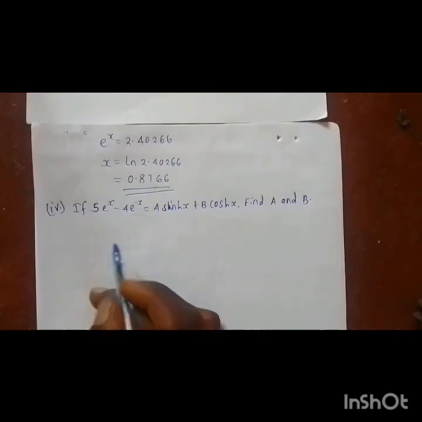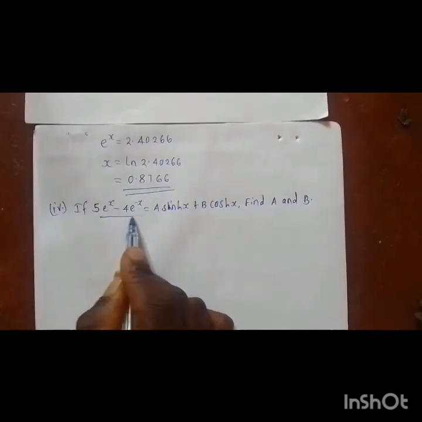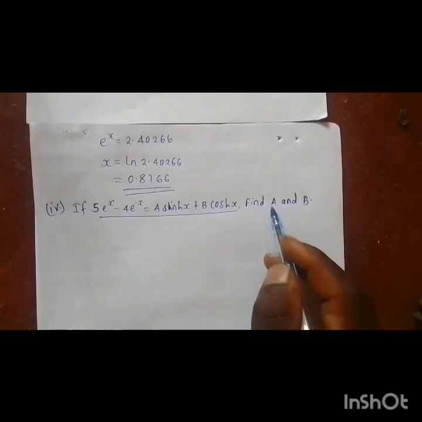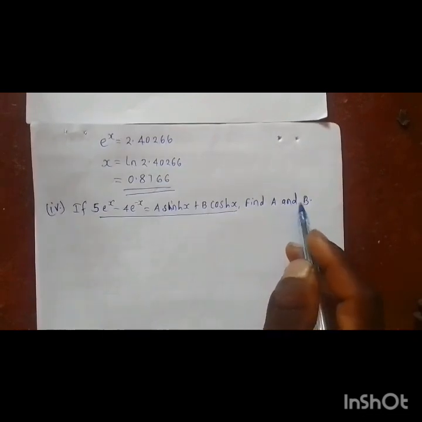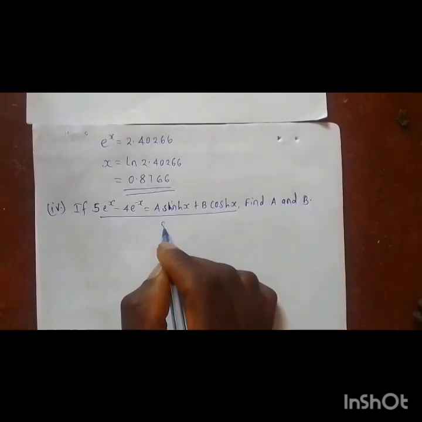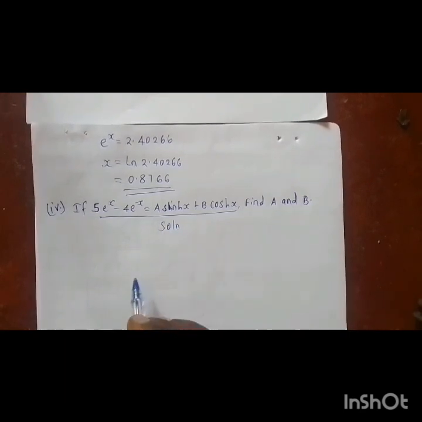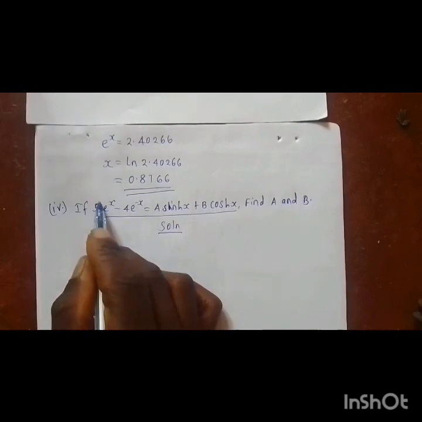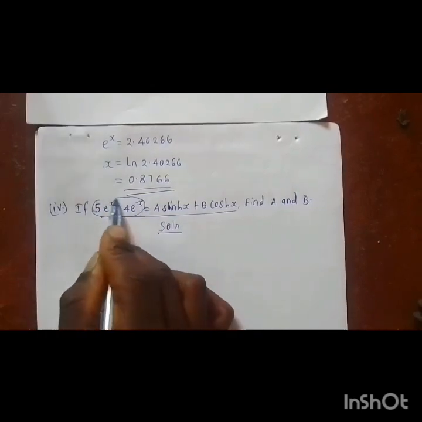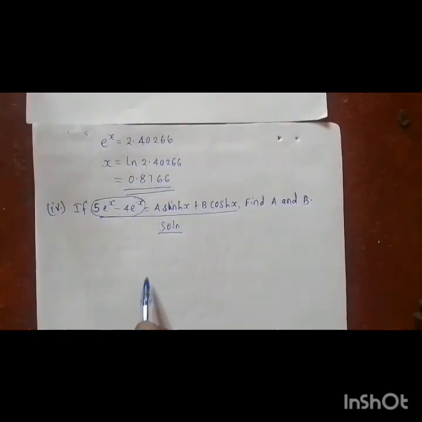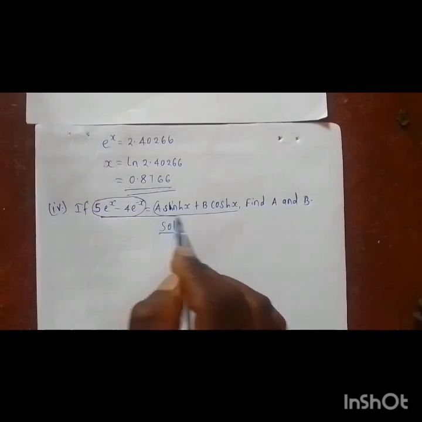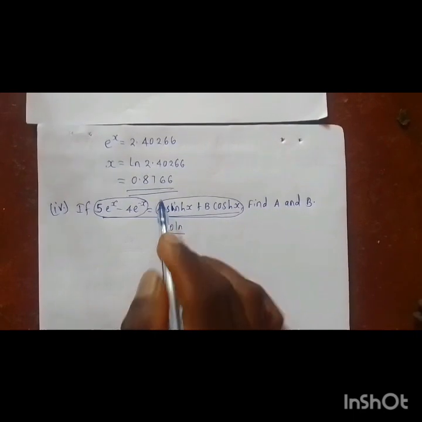So you are given this equation and you are asked to find A and B. So what to do, you express the left hand side and also the right hand side.